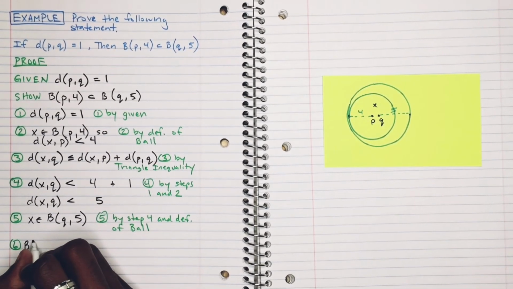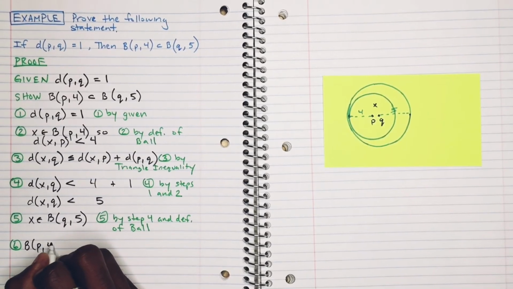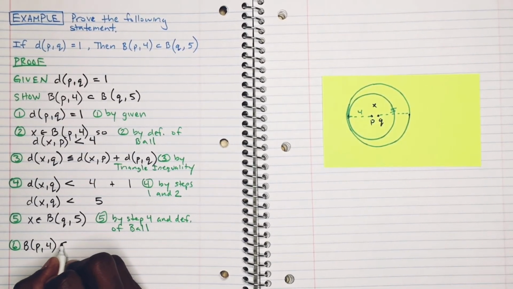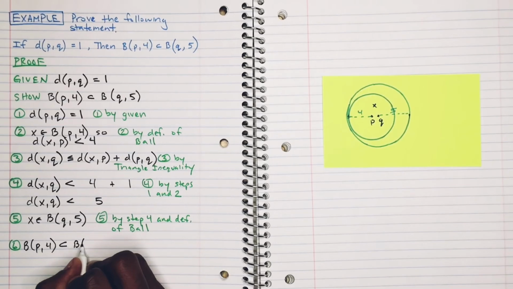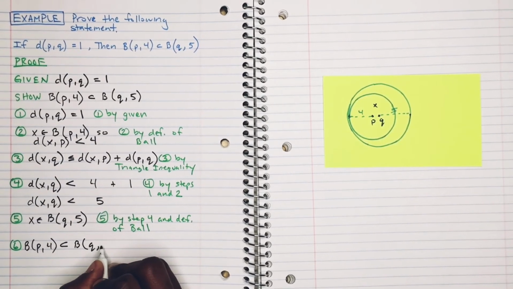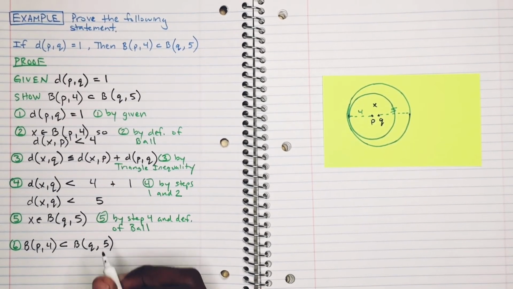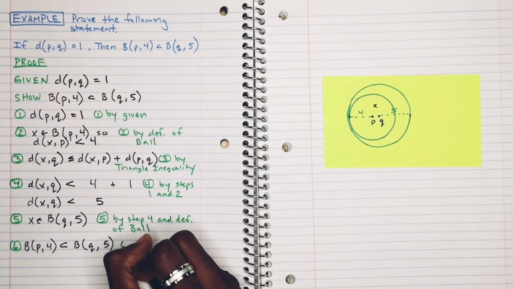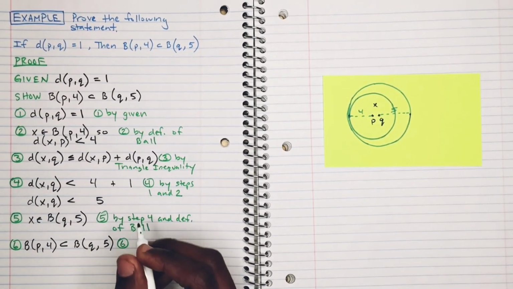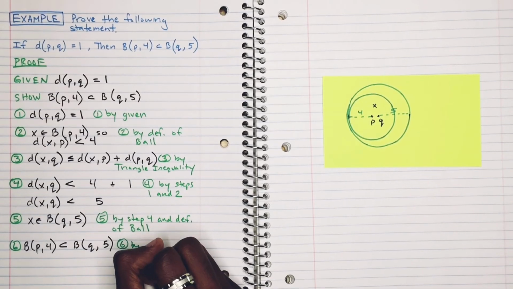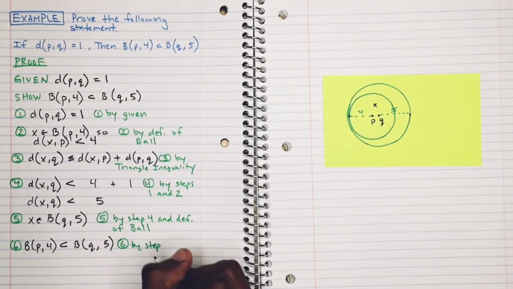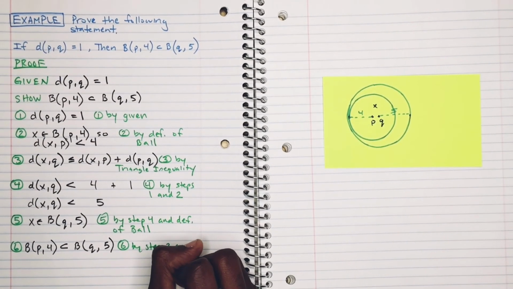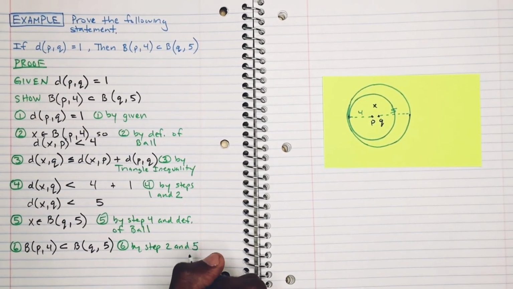The ball from point P to radius 4 is a subset of the ball from point Q to radius of 5. And our justification is what we just looked at by steps 2 and 5.